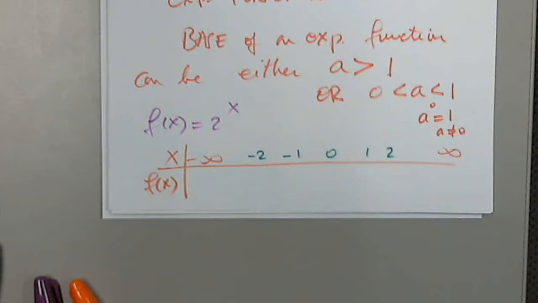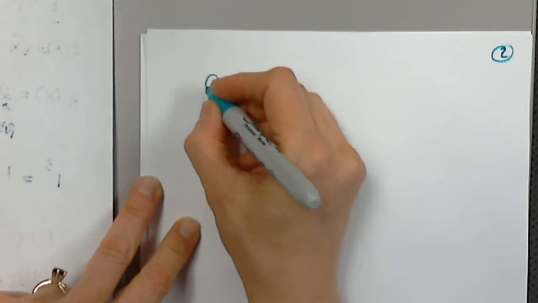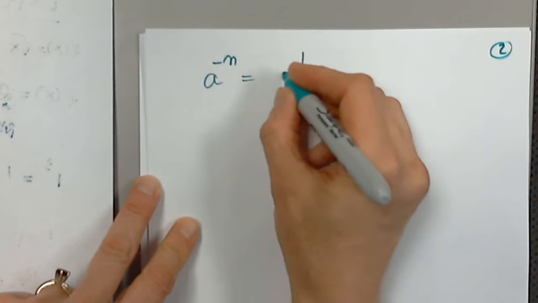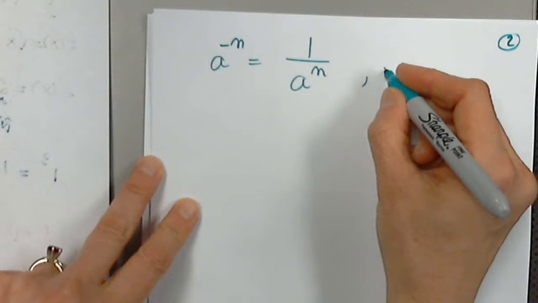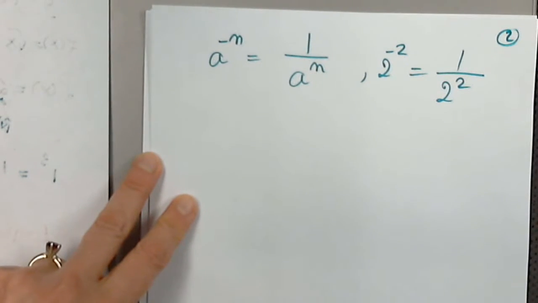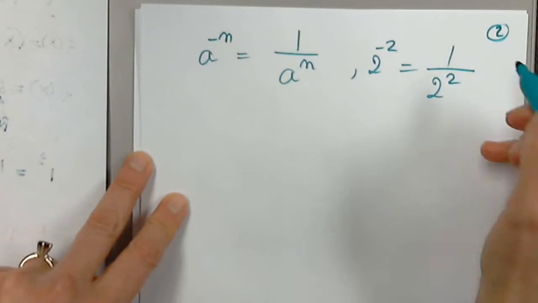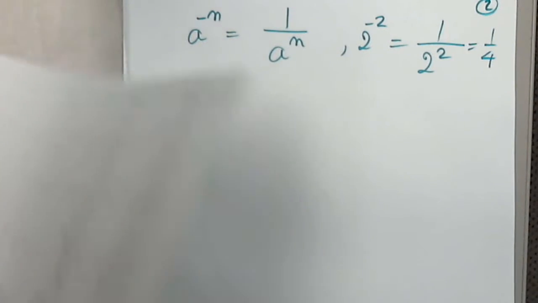Very good. Is this clear, everyone? We know a property of exponents: a raised to -n is 1 over a to the nth power. So when I want to find 2 raised to -2, I have 1 over 2 raised to the second power based on this property. And then I get 1 over 4. Better? Okay.